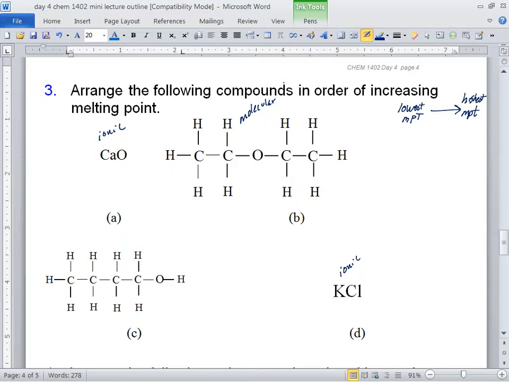It's composed of molecules, not atoms. The covalent network solid has to be nonmetals, yes, but just atoms, nonmetal atoms. Carbon, like diamond, right? So this is a molecular solid. C is a molecular solid.